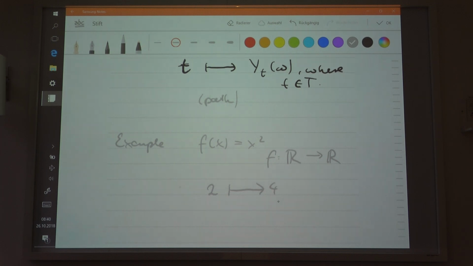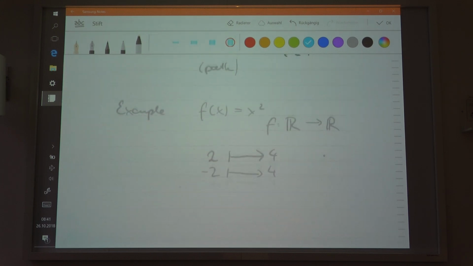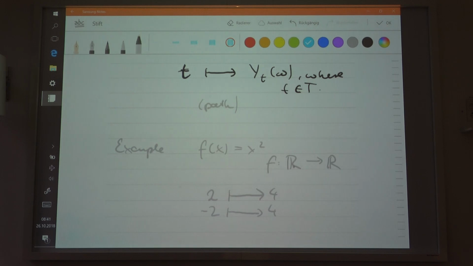Negative 2 is assigned to 4 as well. You understand? So these are the elements here. And this is the domain, and this is the codomain of the function.